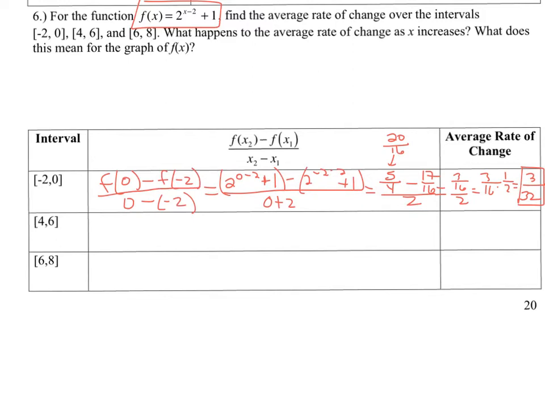Now we do the next one. So we want the average rate of change between the x values of 4 and 6. So we have to find f of 6 minus f of 4 divided by 6 minus 4.